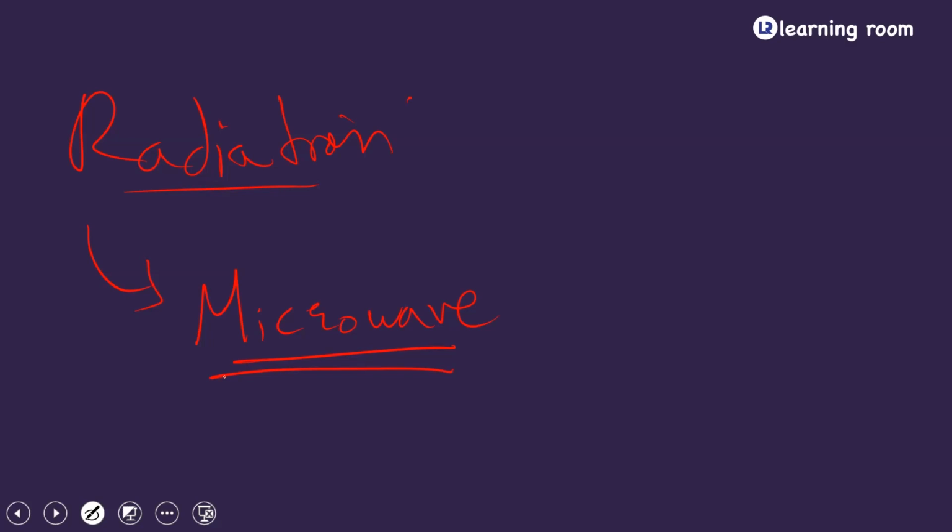And like light, it will follow the law of reflection and the law of refraction. There are also some properties of light called interference and diffraction. Do you know those words? Interference, have you heard? Okay. So some of the properties shown by light are also shown by radiation, and it obeys something called the inverse square law.